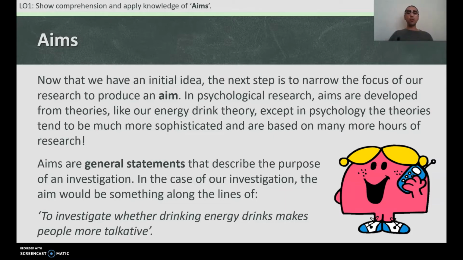Aims are general statements, right, that describe the purpose of an investigation. In the case of our investigation, the aim would be something along the lines of to investigate whether drinking energy drinks makes people more talkative, right? That would be our aim. To investigate whether energy drinks makes people more talkative.